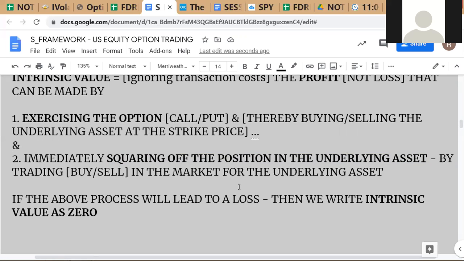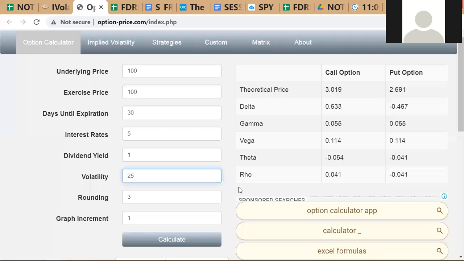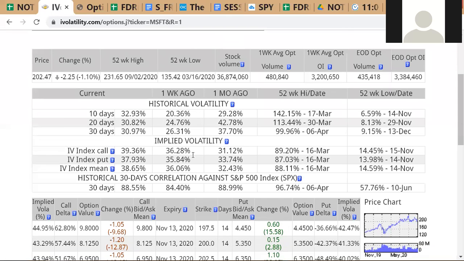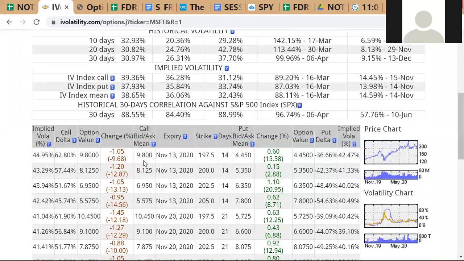So if you want to quickly recap, what did we do here? We paid $9.8 per share for a Microsoft call expiring 13th November with a strike price of 197.5. These are American style calls. We immediately exercise the call option.